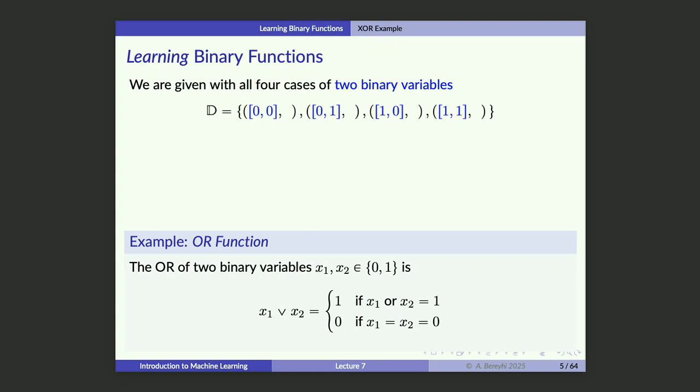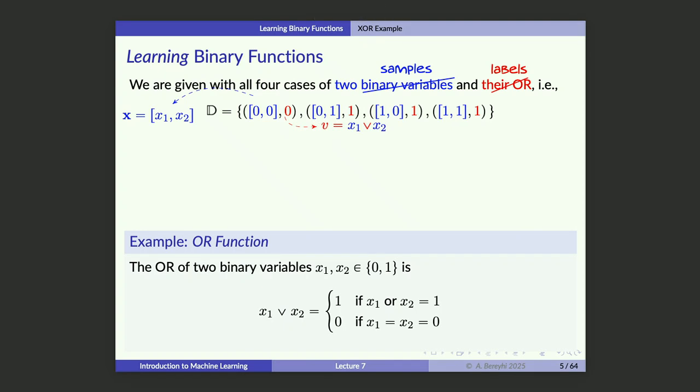The output of the OR value of these binaries. So I can write down the labels in this form. If I have 0,0, then their OR is 0, but anything else gets OR 1, right? Correct? So I can look at those binary inputs as the samples, and their outputs as labels.